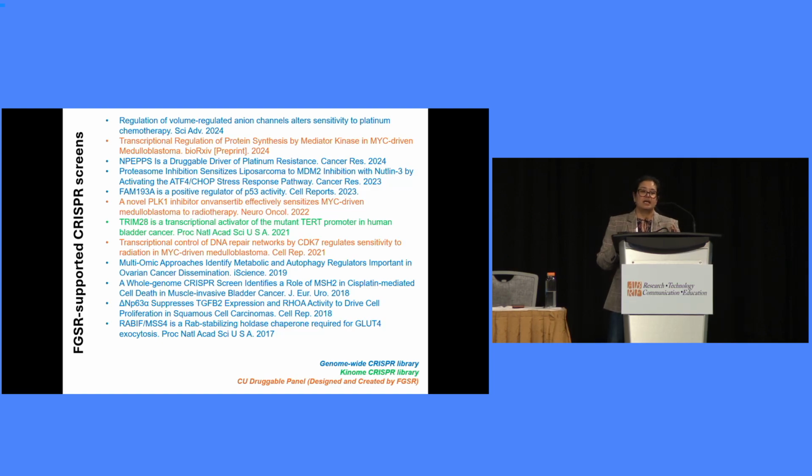This library has guides for about 1,200 genes that can be targeted by FDA-approved drugs. So you do the screen using CUDP library, and you identify your hit, and there is a drug that you can test and move your experiments to clinical testing and animal models.